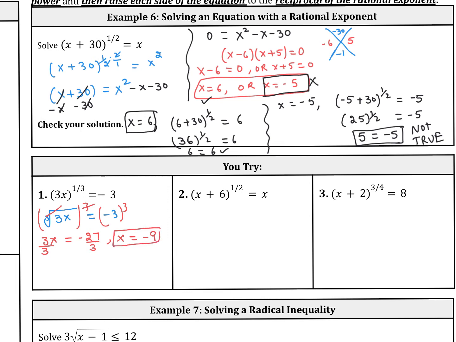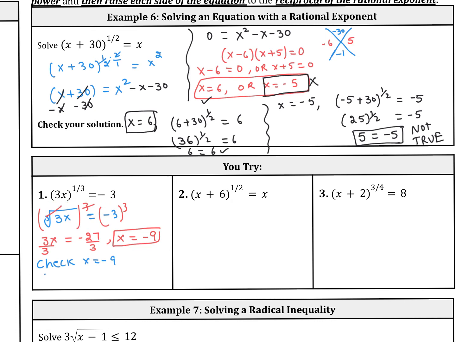Next part is the checking part. That means you plug x equals -9 into the given equation and see if the two sides are equal.